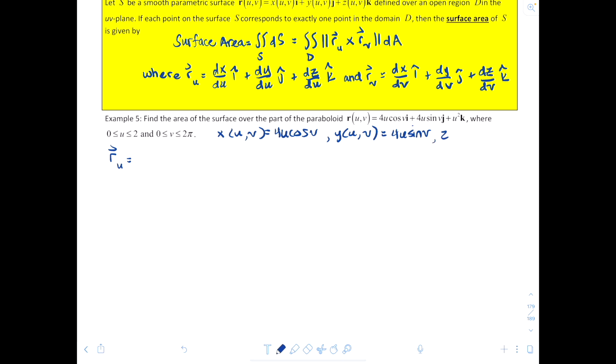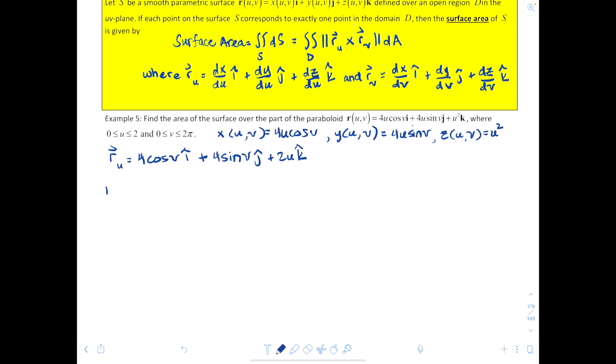And z at u and v is equal to u squared. So we will get 4 cosine v times i plus 4 sine v times j plus 2u times k. Cool so far?